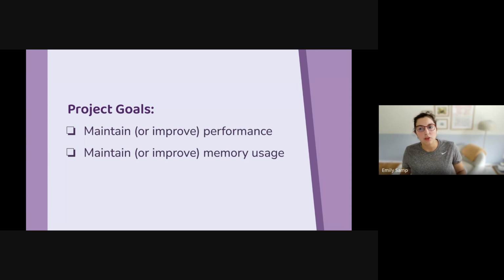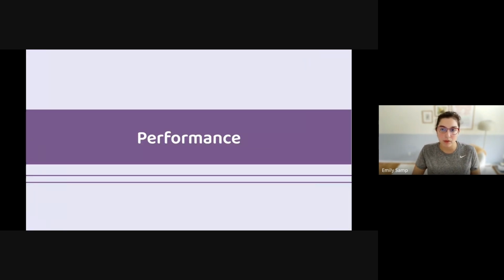We also didn't want to use significantly more memory than Sorbet does right now, because once again, that would impact Sorbet's ability to type check large Ruby applications. It was important to define these goals going into the project because we could use them to measure our success as we went along and help us make decisions and prioritize the work we wanted to do. So let's talk about how we're measuring performance.